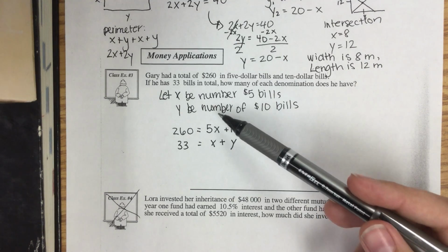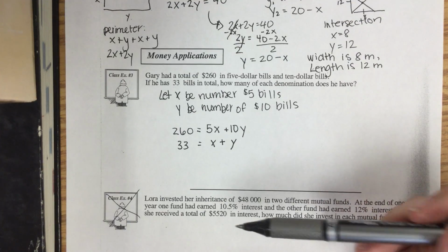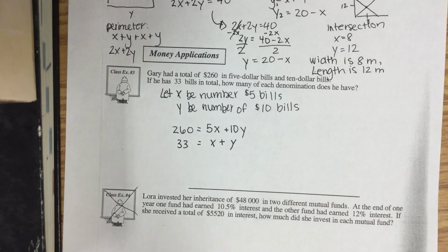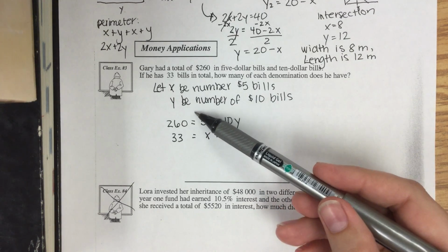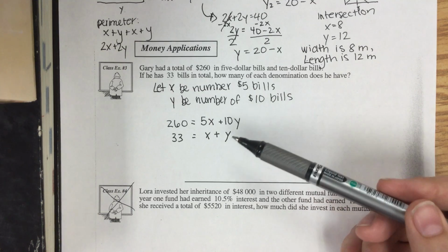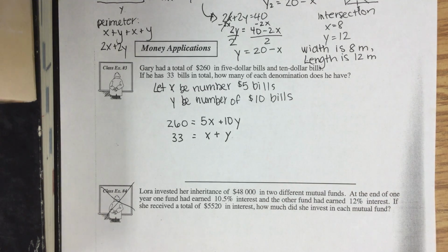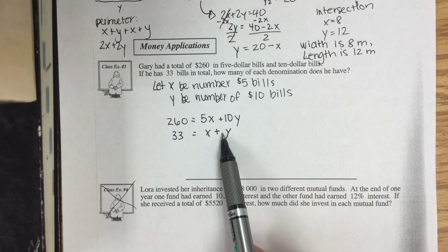Okay? And so I've purposely set this equation up just so I could use my favorite method, which is elimination. I've made sure that numbers are lined up, equal signs are lined up, x's and y's are lined up, so that I can go ahead and eliminate one of the variables. But before I do that, I see I either need a 5x or a 10y.